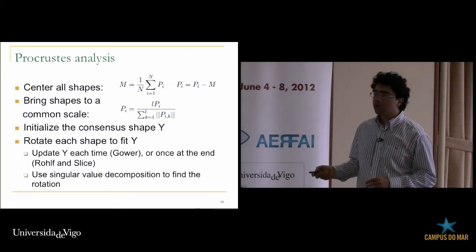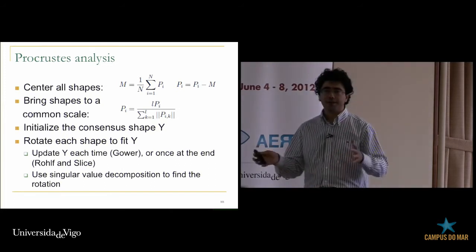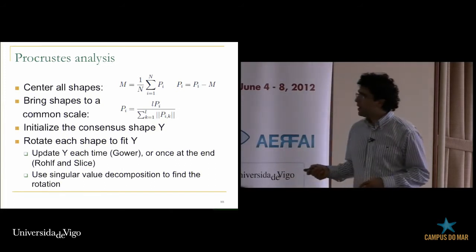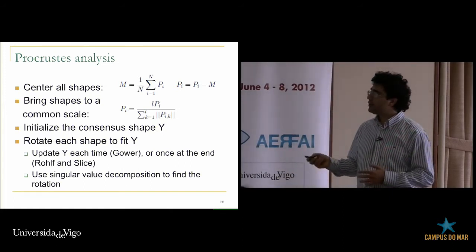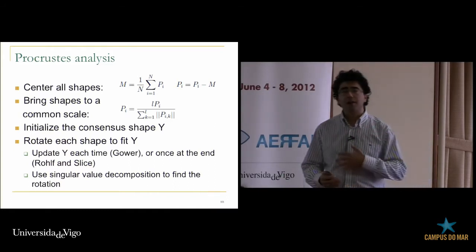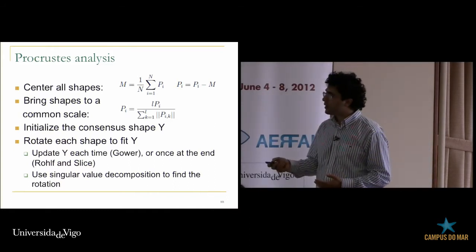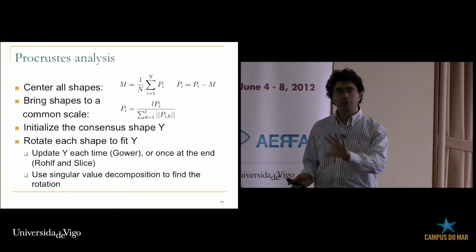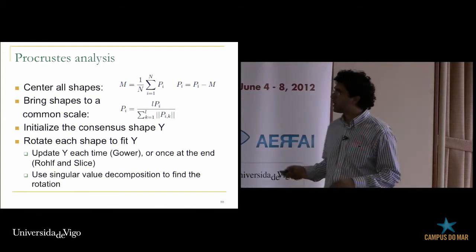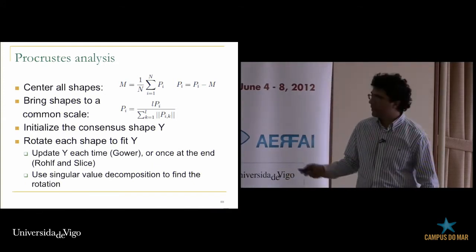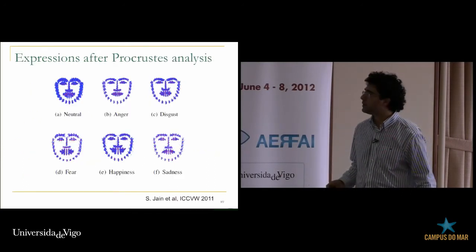You use a singular value decomposition to find the best rotation. And then you update your consensus shape as the average of these shapes. Well, you can update each time you fit a shape to the consensus shape, or once at the end, like online and batch ways of doing.